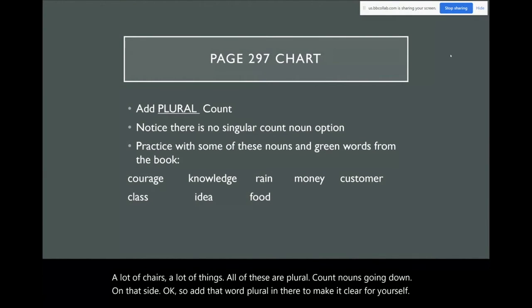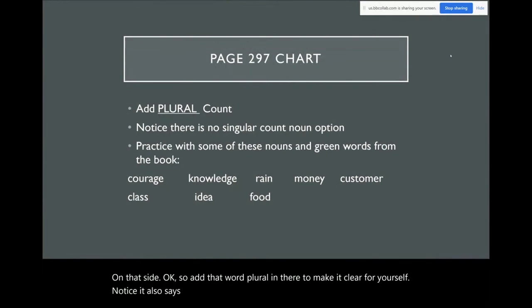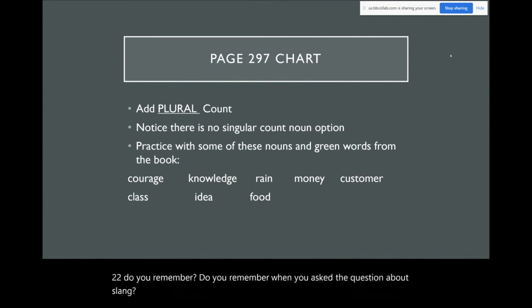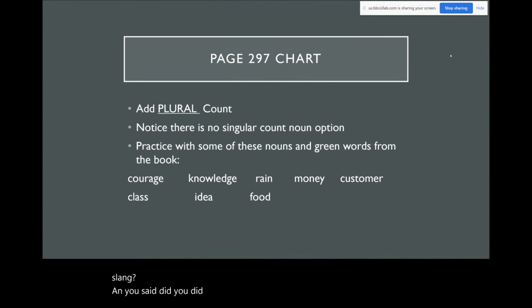Notice it also says many chairs. Do you remember when you asked the question about slang, and you said, "Did you learn many slang?" or something like that? How many slang? Something like that, right?